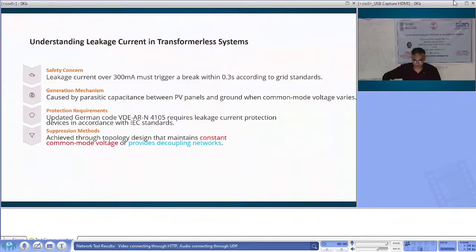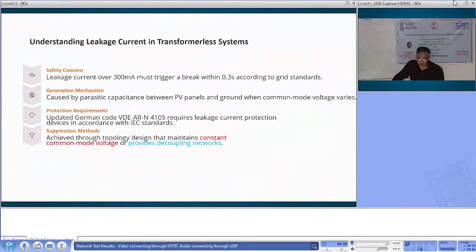So the safety concern, the leakage current over 300 milliampere, okay, must trigger a break within 0.3 seconds as per some standards. Okay. So if leakage current goes to 300 milliampere, it should break within 0.3 seconds. That's what the grid standards say. Then why is it caused?